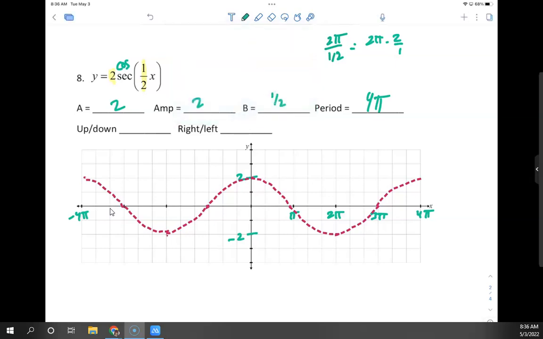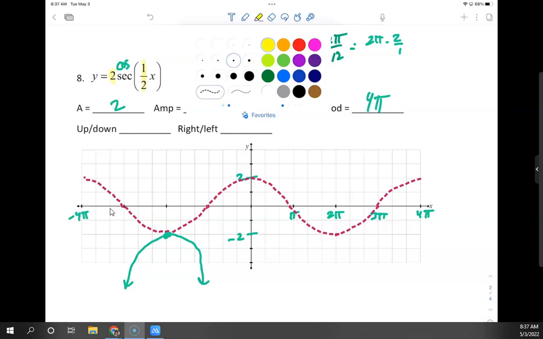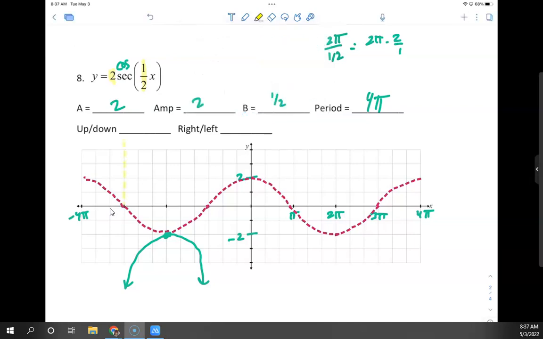All right, cool. This one has no up, down, and no left, right. So the only thing I really need to do then is add my little guys here, which would look like this. And don't cross over the things, okay? If you want to draw the stuff so that you don't cross over them, it's not a bad idea, if that helps you.